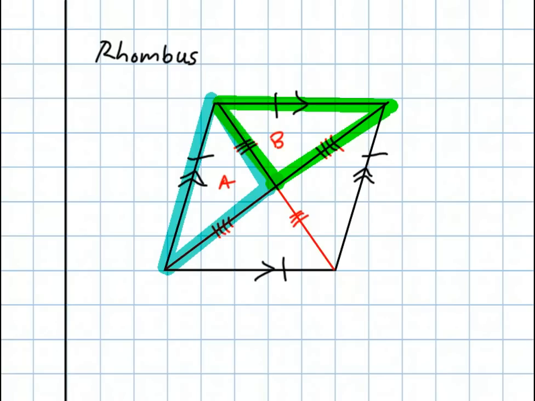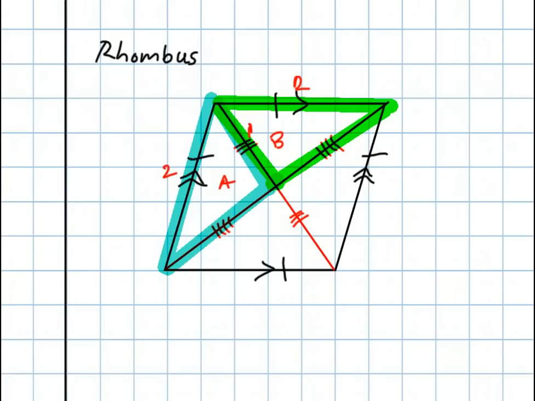Triangles A and B. I'm going to try and prove that they are congruent. Right, we need three facts, one of which has to be about a side. Well, this length that they have in common must be the same. It's a rhombus, so therefore this length here and this length here are the same.